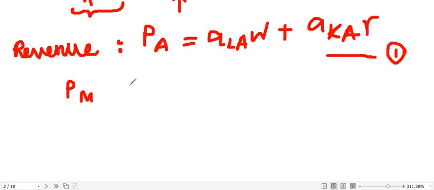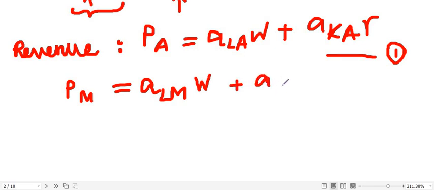This PM should be equalized to, I'm giving hints as I go as well, the manufacturing sector uses labor as well. So aLM, to pay for the labor it pays W, and it also uses capital in the manufacturing sector, and the capital's cost per unit is R. So this is going to be my second equation.